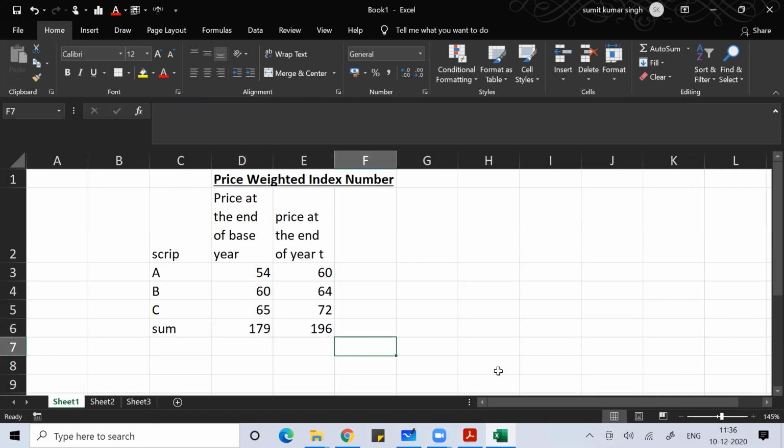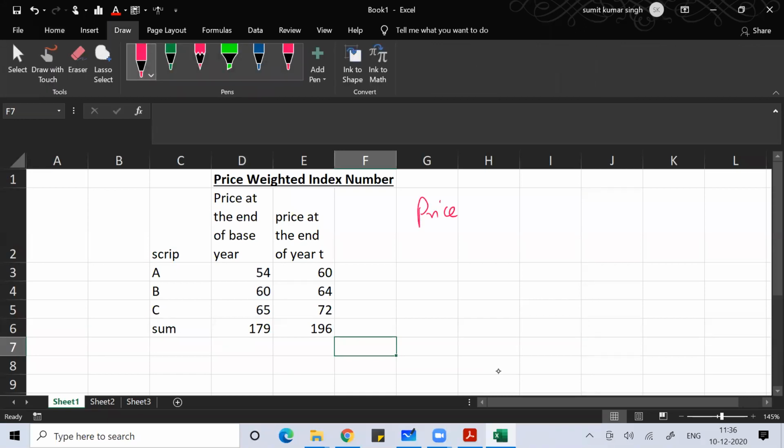So now the price weighted index number would be how much? What is the formula of price weighted index number? The formula of this is sum of P1 by sum of P naught into 100. Here we only consider one factor called price.